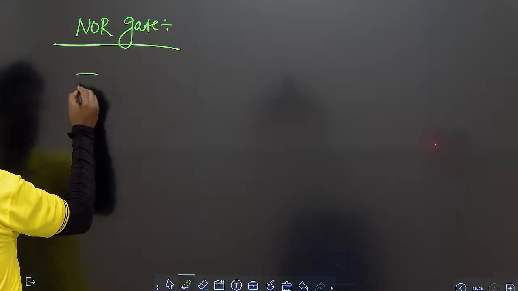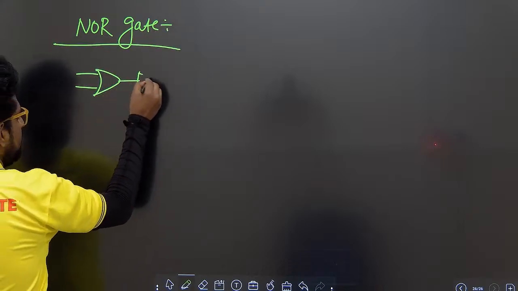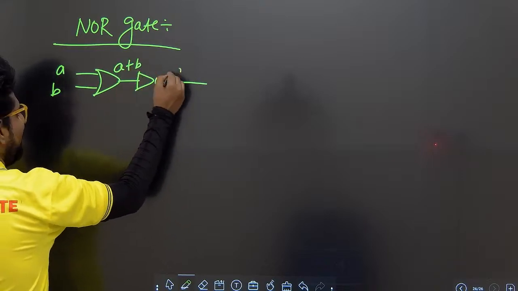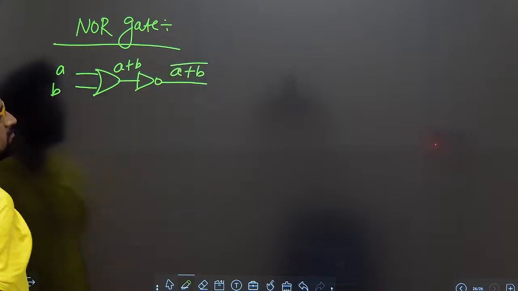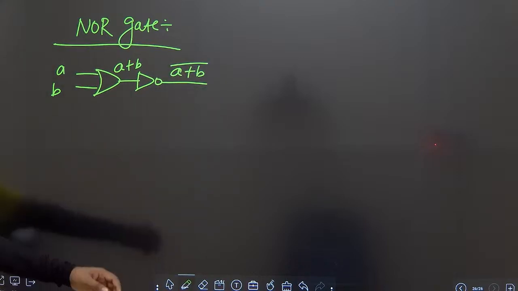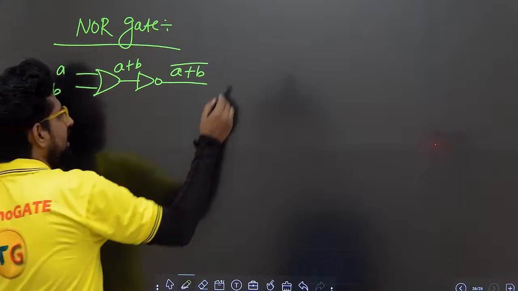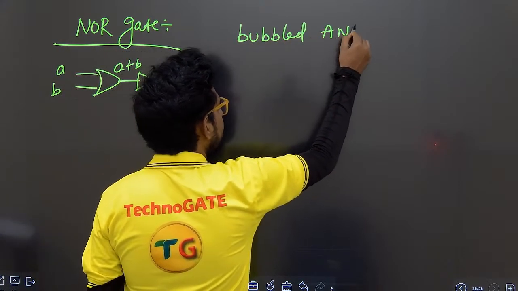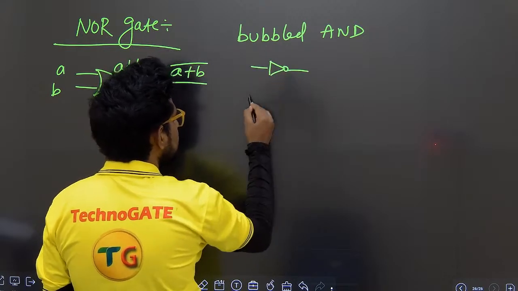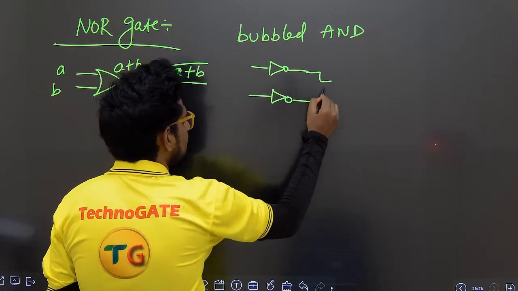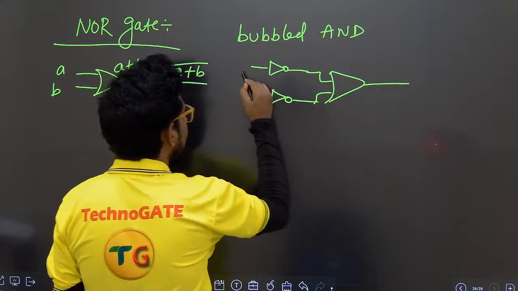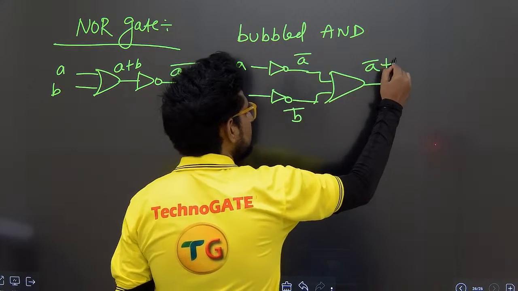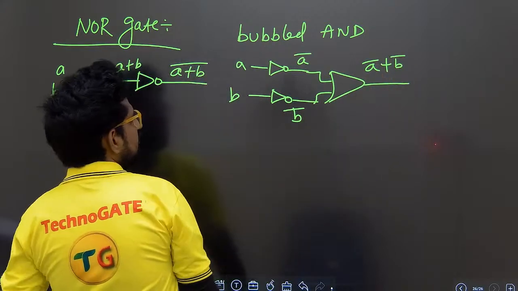So generally OR plus NOT: A plus B, A plus B bar. This is also called the bubbled AND gate. Why? Because you can see here, first let me draw the diagram. A, B, A bar, B bar, A bar into B bar, which is A plus B whole bar.